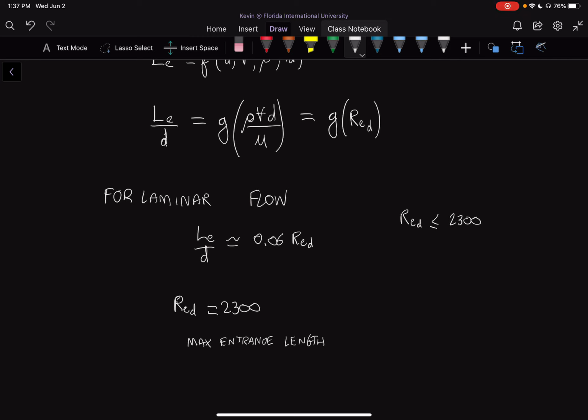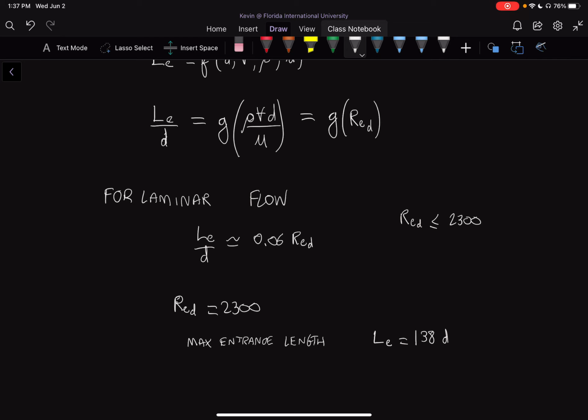We can plug in 2,300 multiplied by 0.06, and we would get that L_E is equal to 138 times the diameter. So if we have a diameter of 1 meter, then our length of the entrance is going to be 138 meters.